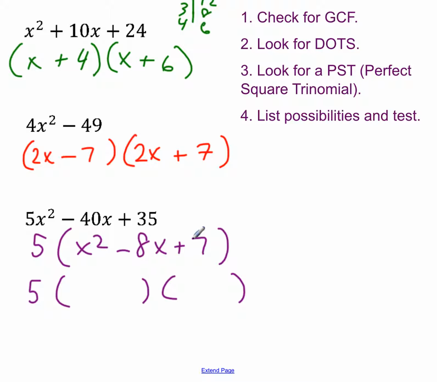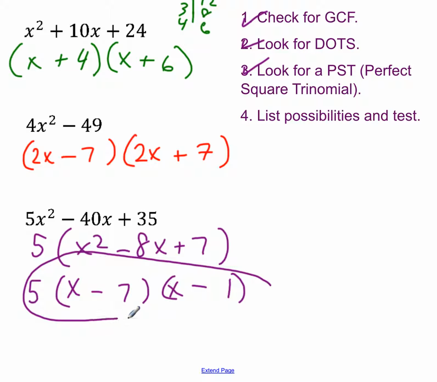I already did GCF, it is not a DOTS, and it's not a perfect square trinomial. So I need to think of all the factors of 7. There's only 2 factors of 7, 7 and 1, so those have to work or else the trinomial is prime. But the signs, remember, will have to be minus and minus because it's negative 8x. Now this is completely factored. 5 times x minus 7 times x minus 1.